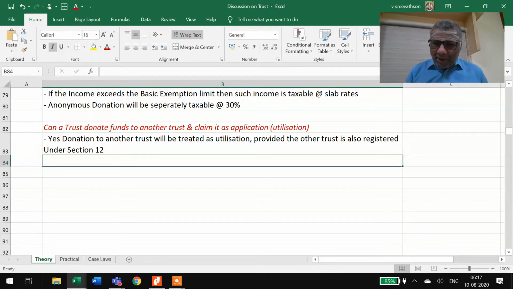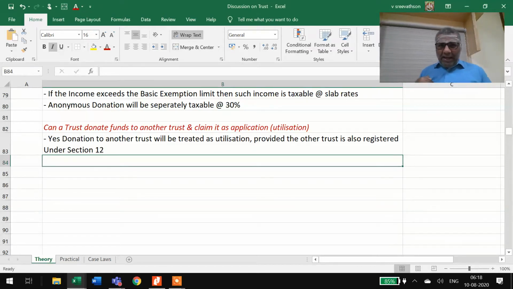While donating, I was donating with a specific direction that it will form the corpus of trust B. Trust A was donating to trust B, saying that it will form part of the corpus of trust B. So what was considered as utilization in my hands was not getting converted into income in the hands of the recipient.